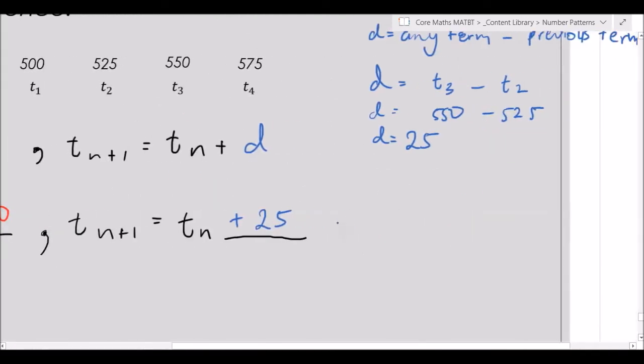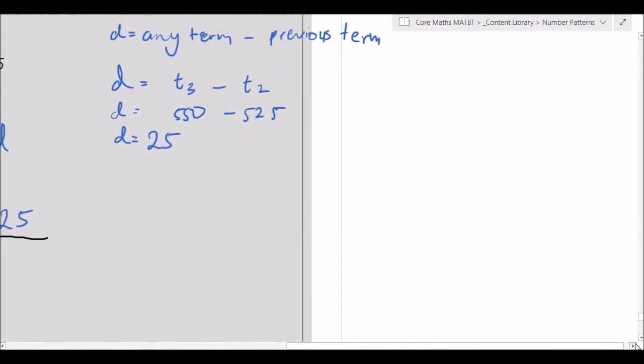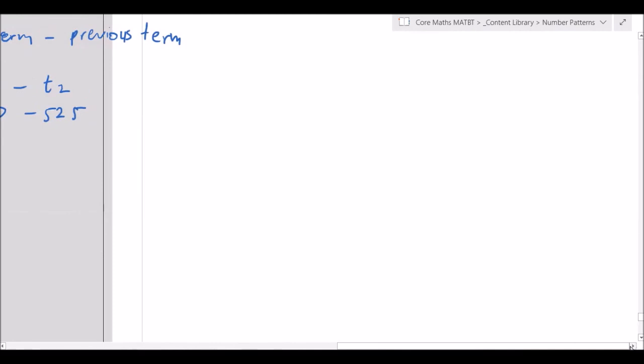Let's do one more example so that we can really get it. I'll make my own sequence here. Let's go with 20, 17, 14, 11, 8. So this is T1, T2, T3, T4, and T5.